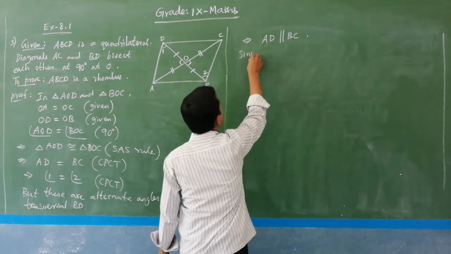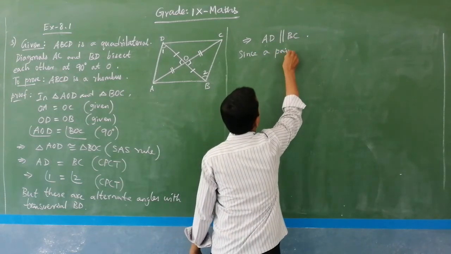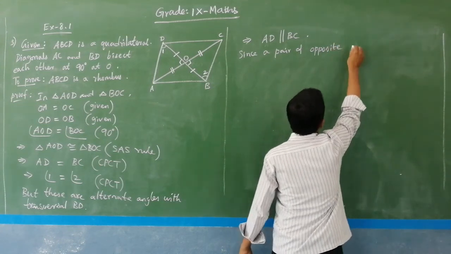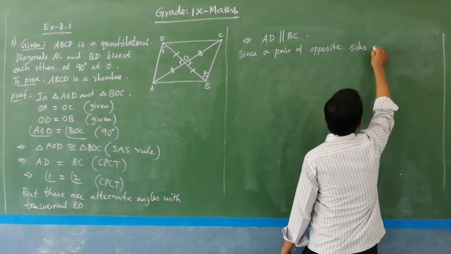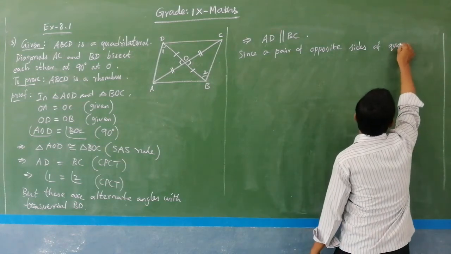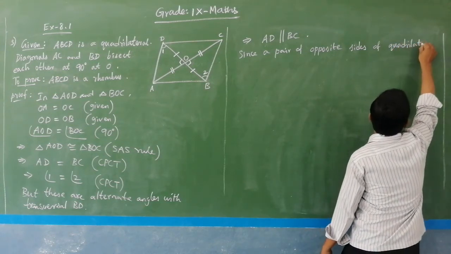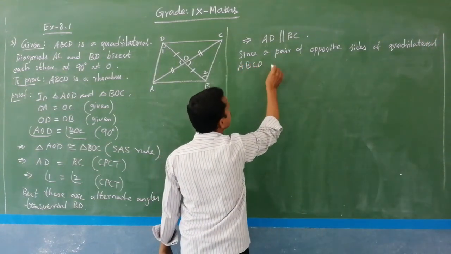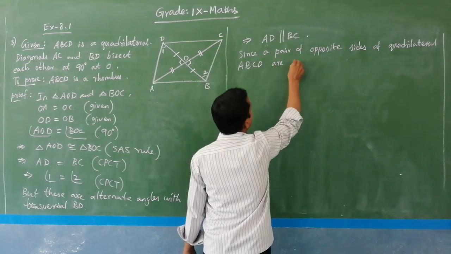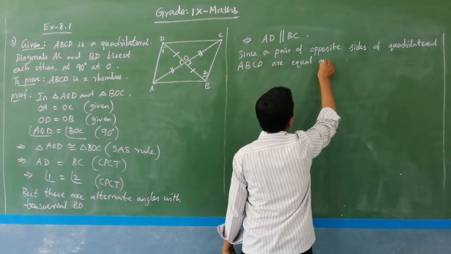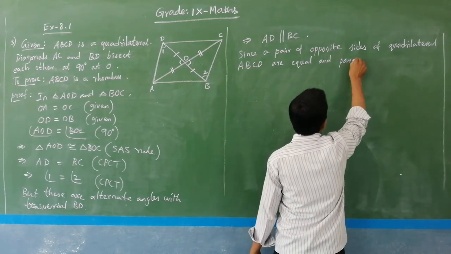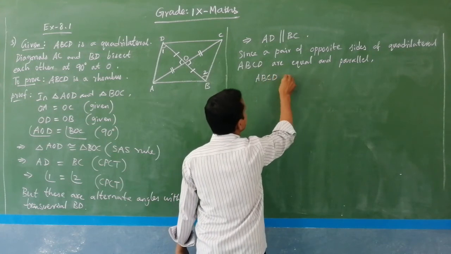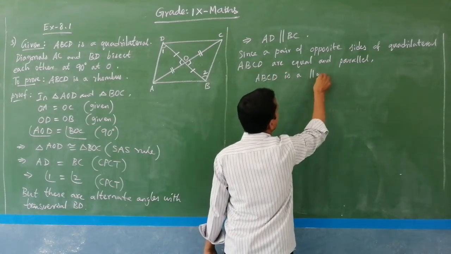Since a pair of opposite sides of quadrilateral ABCD are equal and parallel, ABCD is a parallelogram.